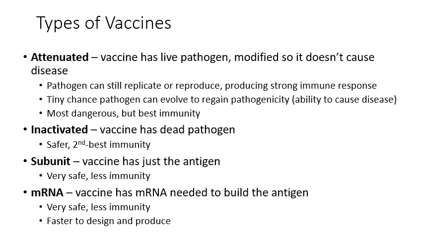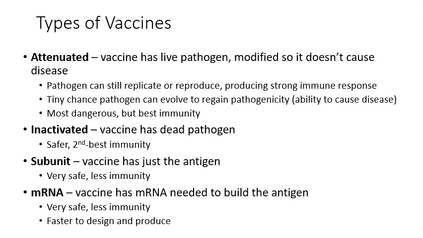So these are some of the types of vaccines. The most dangerous type is the attenuated vaccine. That is the kind of vaccine that the first polio vaccine was. It's a vaccine that has a live virus in it. It is attenuated, which means weakened basically, so that it can't cause disease, but it's still like a functioning pathogen. It can still replicate. That means it can still evolve.